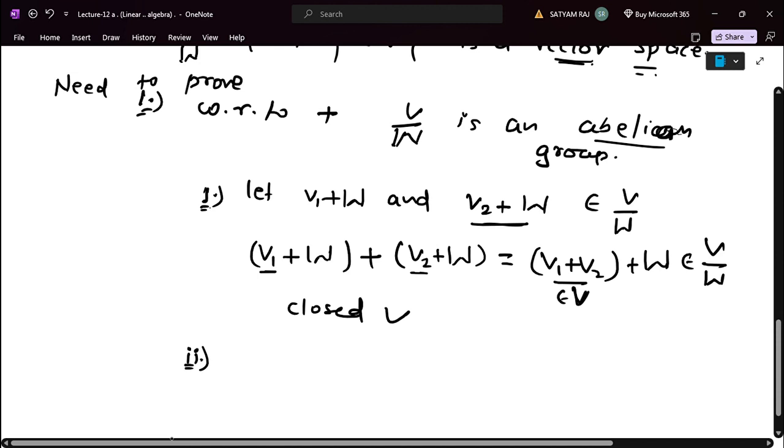Second, we need to have associativity. So take three elements.